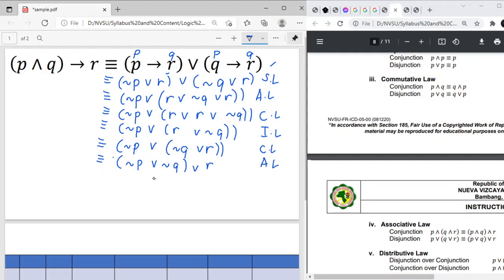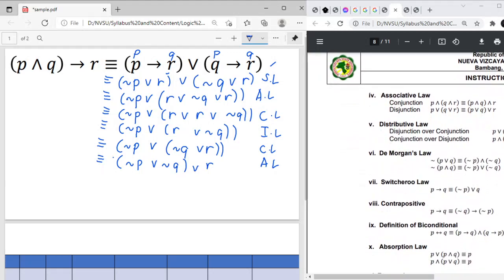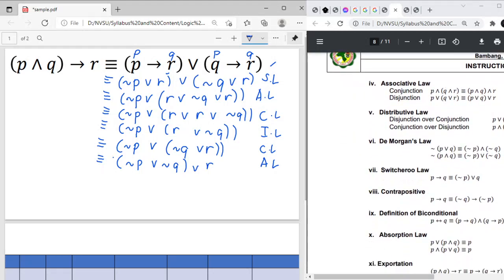After which, meron tayong dalawang negation, that is not P or not Q. So, pwede nating tignan dito kung ano pa yung mga pwede nating ma-apply. Ayan. By De Morgan's law, not P or not Q is also equivalent to not (P and Q).